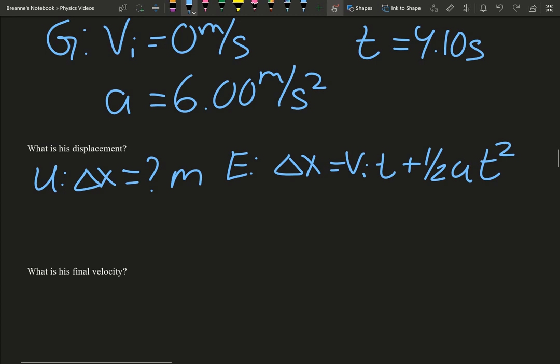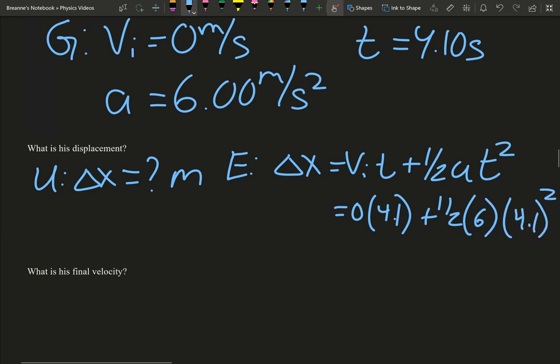So now we just have to plug in. We have 0 times 4.1 plus 1/2, our a is 6, our t again is 4.1 squared. We're looking for our delta x. At this point, you just pull out your handy dandy calculator and let the calculator do the work for you.